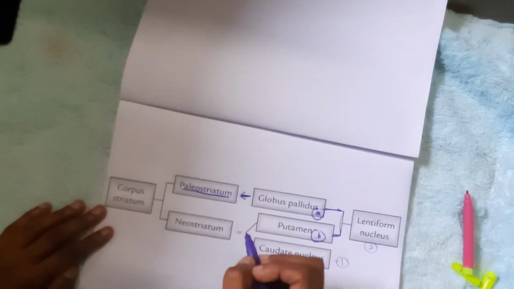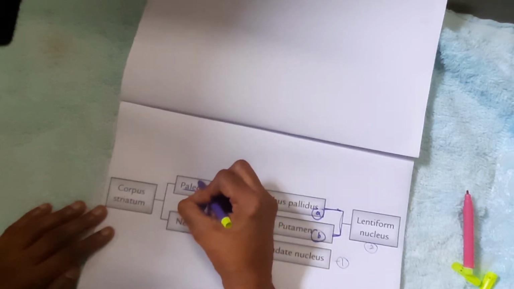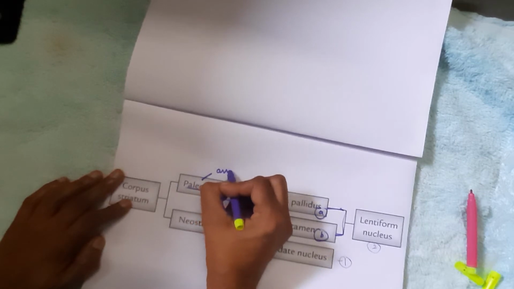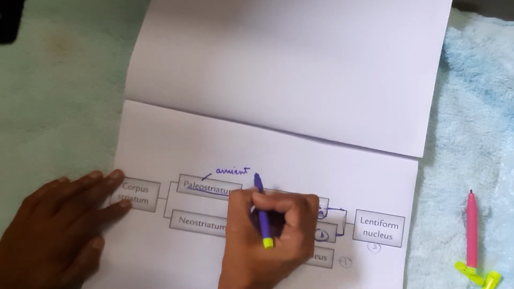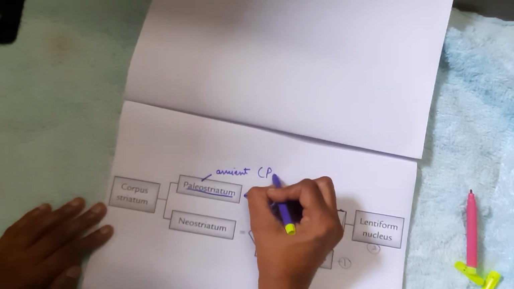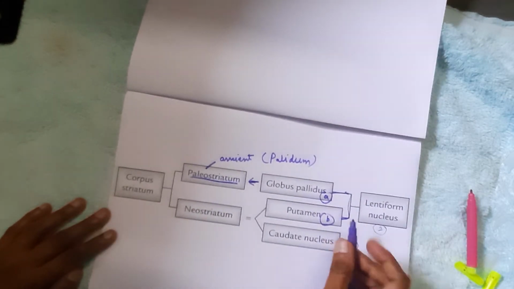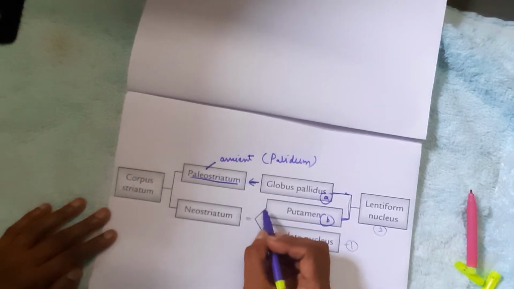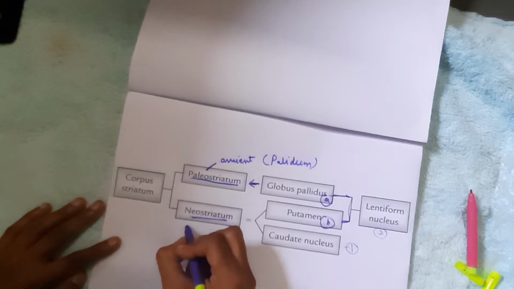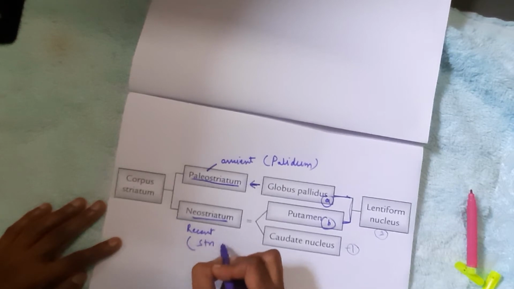It is paler in color, paleo means ancient, and the paleostriatum is also known as pallidum. Putamen and caudate nucleus combine together to constitute the neostriatum, meaning the recent one, and it is also known as striatum.